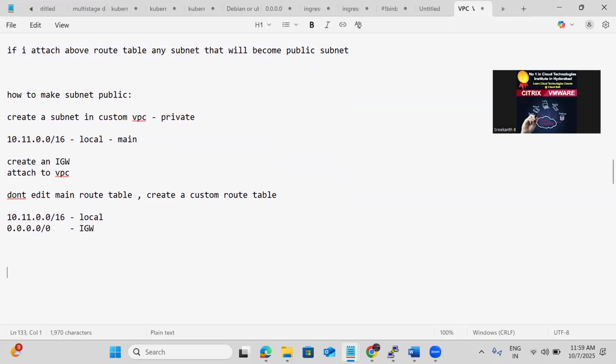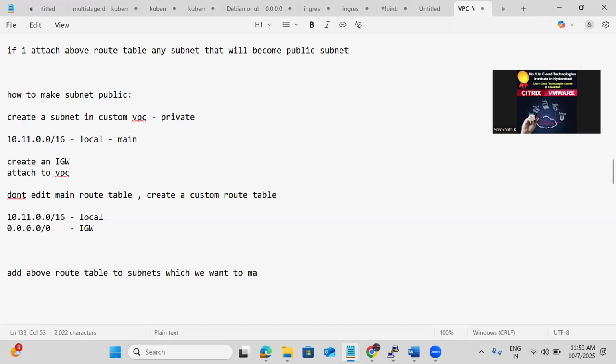So with the internet gateway, we attach that and add the above routing rule or route table to the subnets which we want to make public.